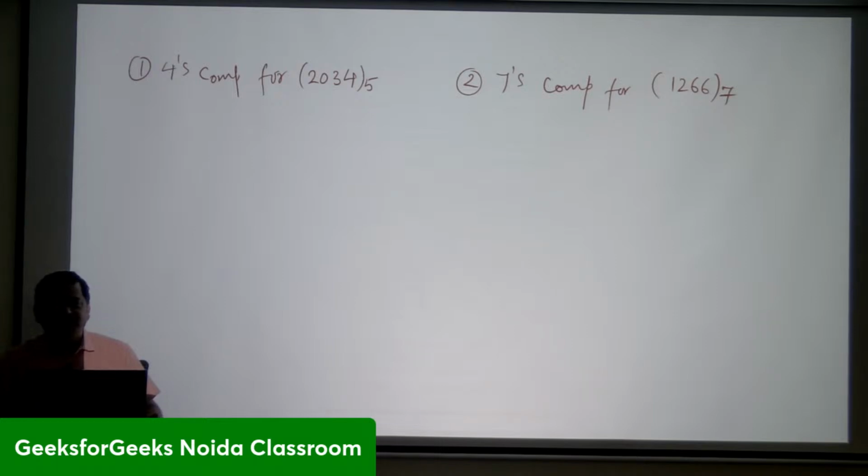So 4 is 1 lesser than the base. Yes, 4 is diminished and 7 is the radix. Okay, for 4's complement, it is 2410. 65.